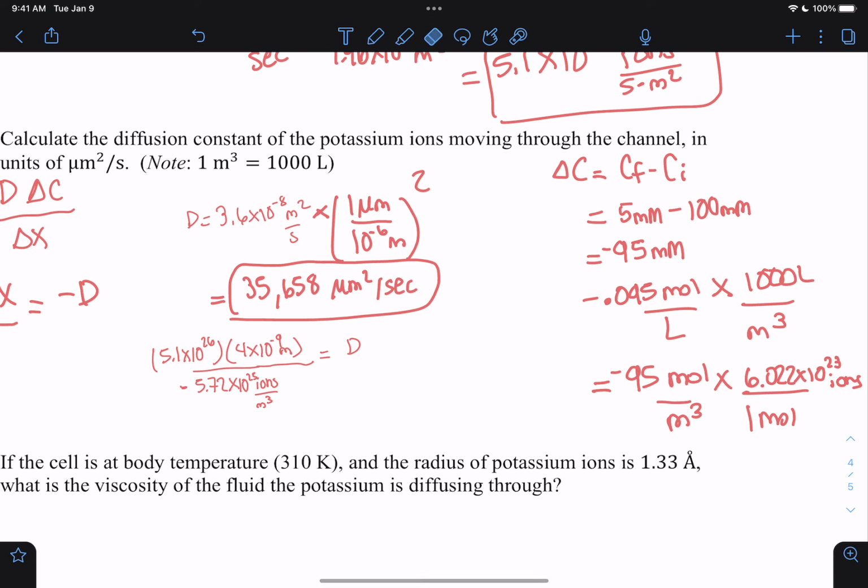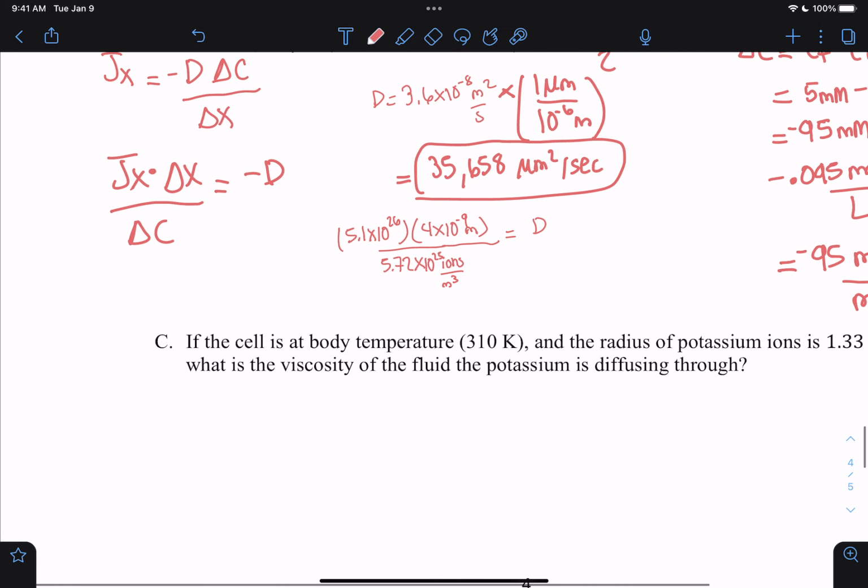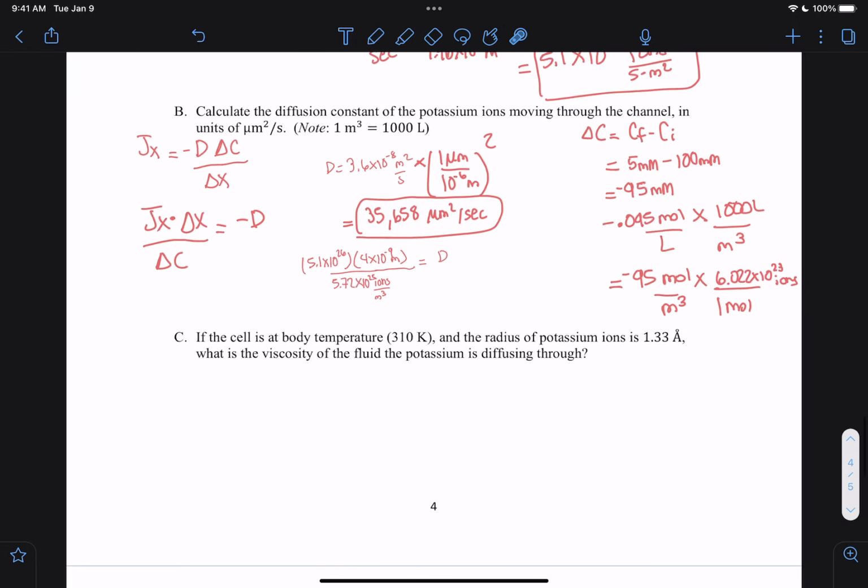Yeah, my bad. I erased them midway through just to show that the negatives canceled out, but there should technically be a negative sign here. It should be negative 5.72 and a negative D, and then they cancel out. But yeah, that should be it for part B.